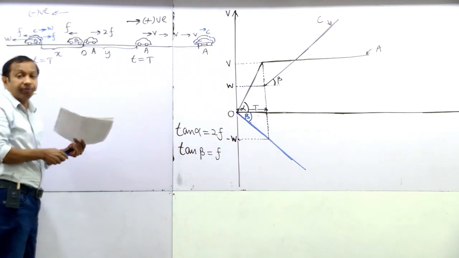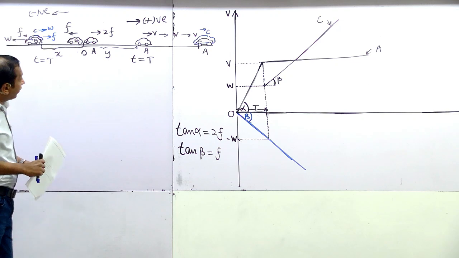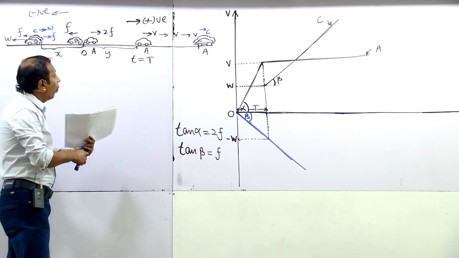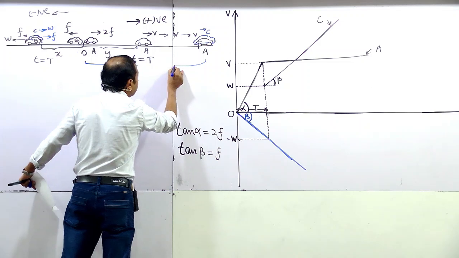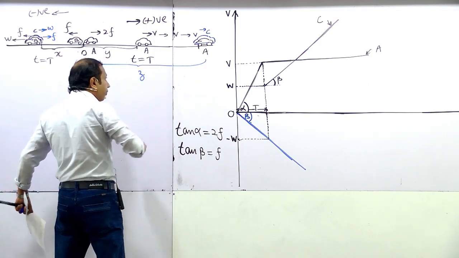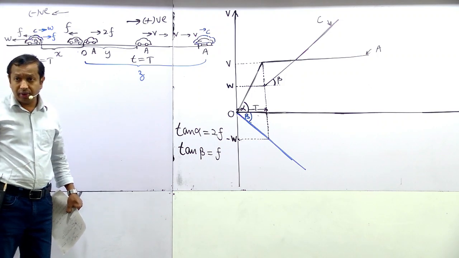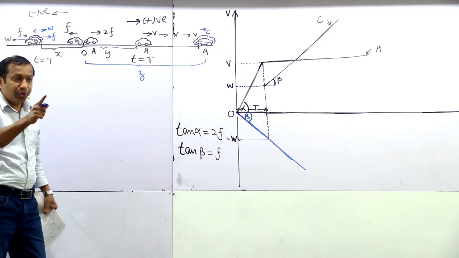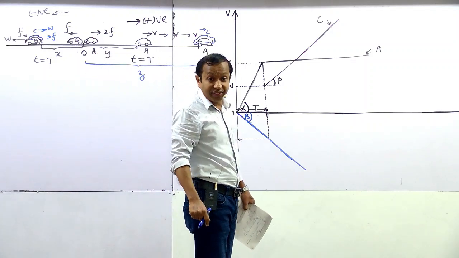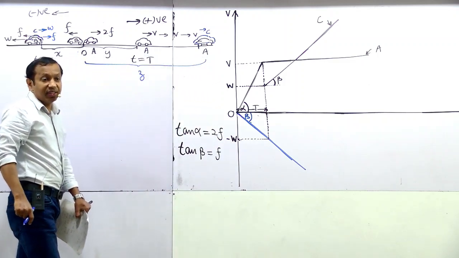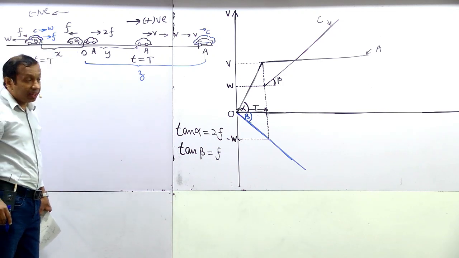People, then tell me, if I take from O the whole distance traveled by car A as this Z, can somebody tell me what distance car C should move to overtake car A? What distance should car C move to overtake car A?